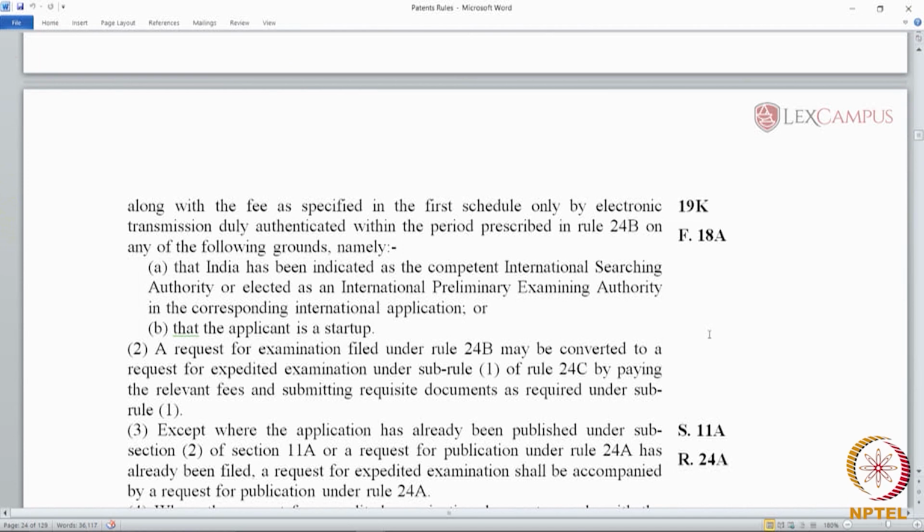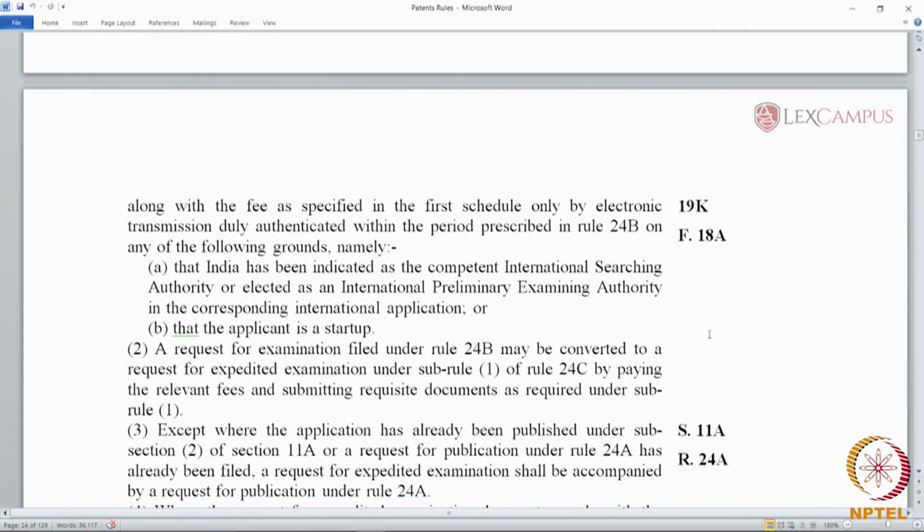Form 18A can only be filed under this category provided there is an international application in place. So, the first category pertains to an applicant who has already made an international application and has chosen India as the ISA or the IPEA.